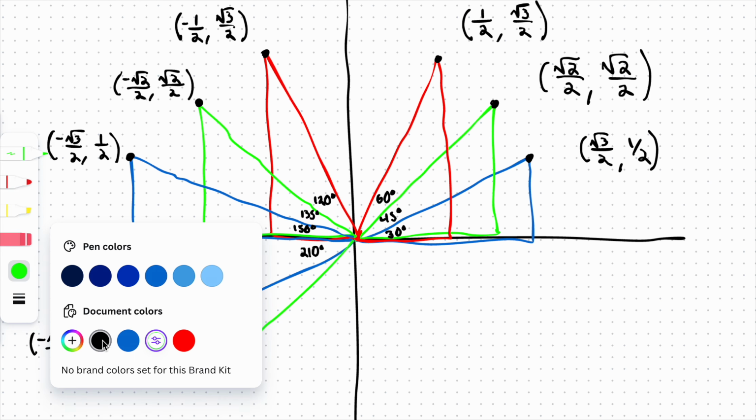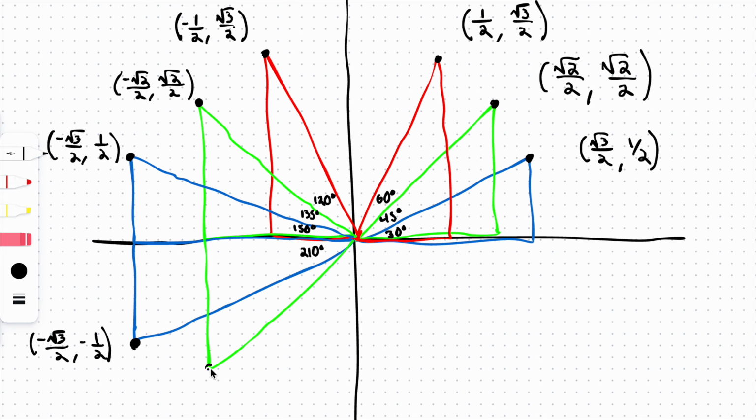And we're going to end up at this point, right? This point here. So again, what do you think our coordinates are going to be at this point? It's going to be the same thing as this except negatives. So I'm going to have negative root 2 over 2 and then negative root 2 over 2. Perfect.